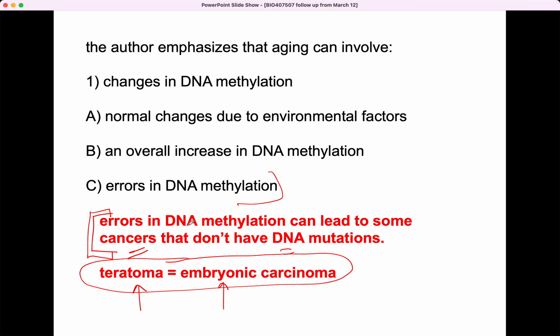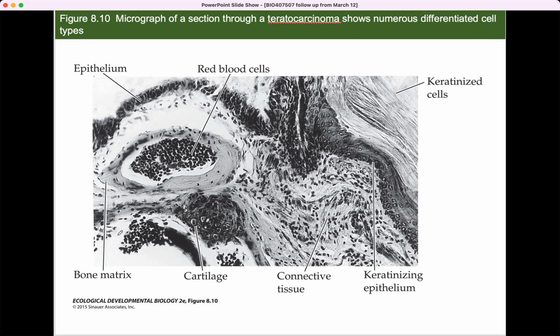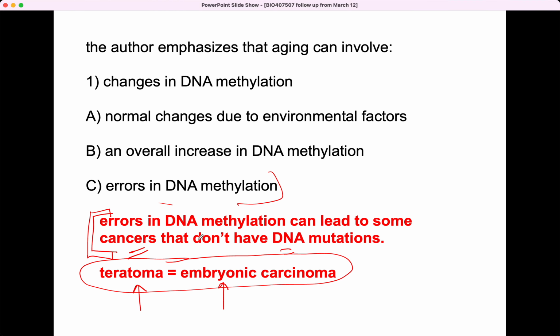It's caused by errors in DNA methylation, causing some genes to be repressed and leading to this cancer. And those methylation patterns can be corrected. So the author wants to use that here as an example of this, and they call it a teratocarcinoma. That's another name, all the same, so just learn one of those names if you want to use this example.